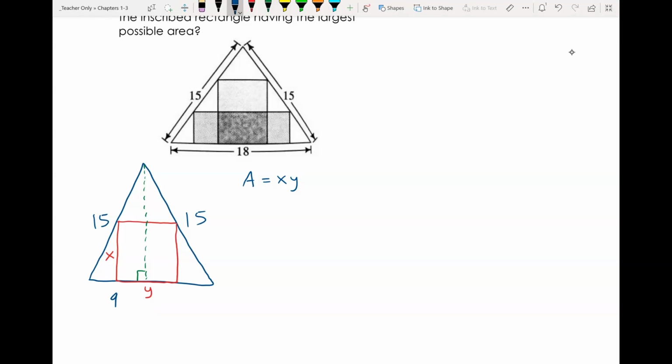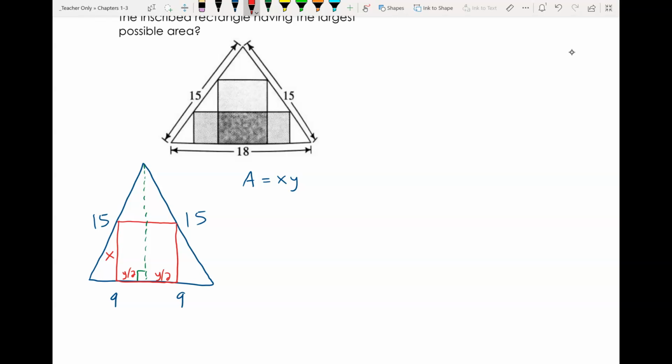So this would be 9, this would be 9. And because of symmetry, that rectangle on the bottom has a total length of y, but it's going to bisect that. This will be y over 2, this will be y over 2, or 1/2 y each. Again, because that altitude bisects the opposite side, if it's an isosceles or equilateral triangle.